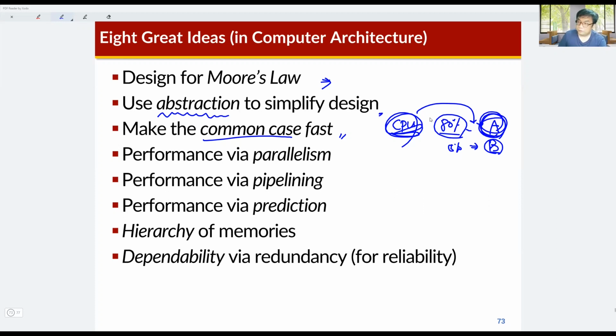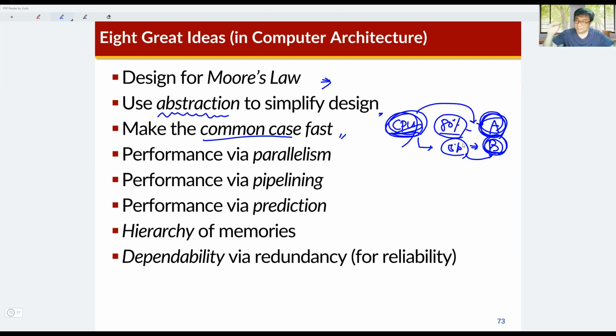So it's very important. Application type B just consumes 5% of the entire execution time of the CPU, and if we improve the performance for application B, then the performance improvement for this CPU will be very low, because it's just 5%.